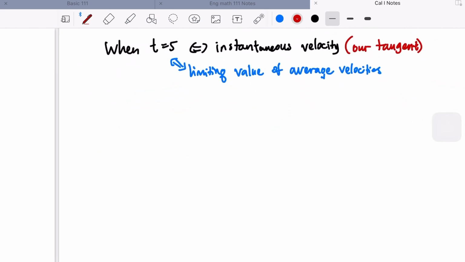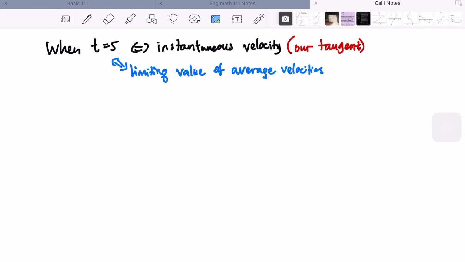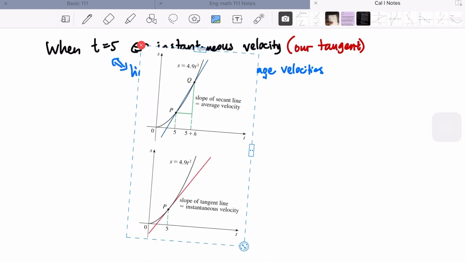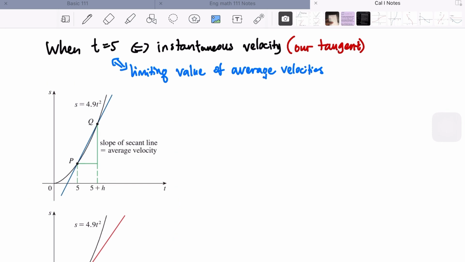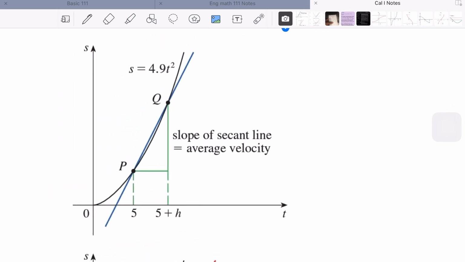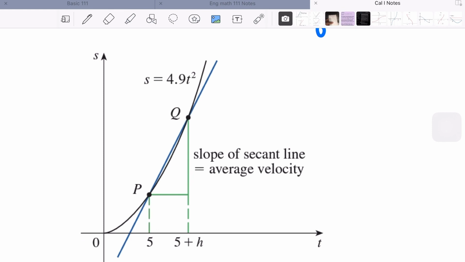So what we did here is actually taking the same problem. Let me visualize what we have done. So this is the function s equal 4.9 t squared. And we define 5 as our t, and q is any interval that we want to make.